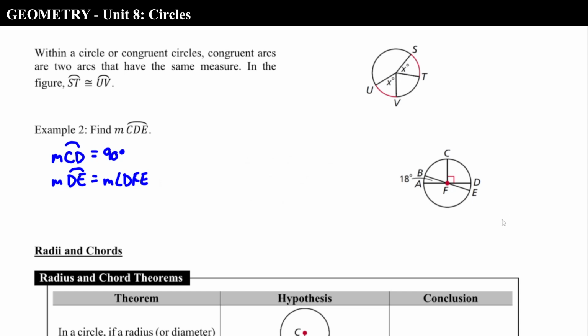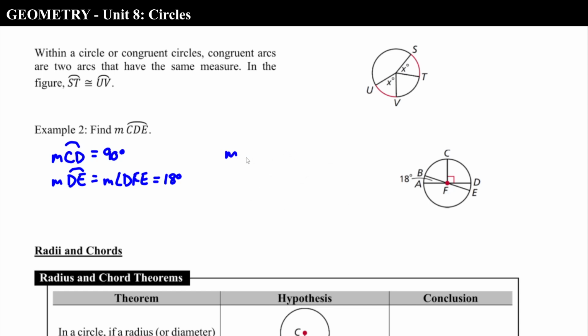Well, what is the measure of DFE? It is 18 degrees because vertical angles are congruent. So that gives us 18 degrees here. So arcs that are made up from vertical angles are going to be congruent.